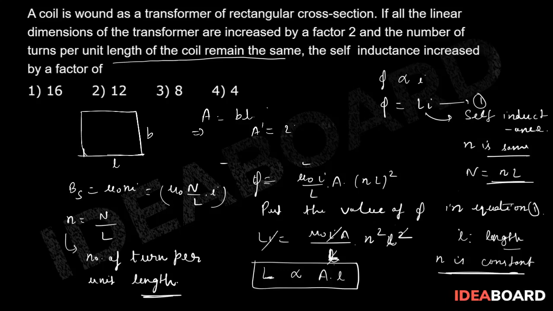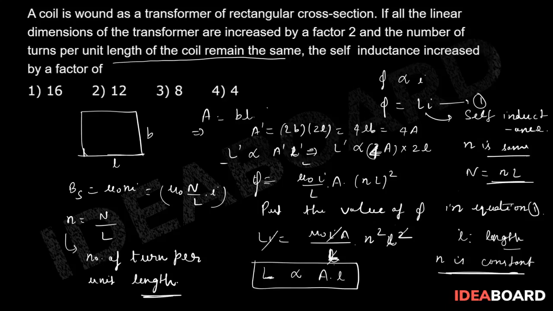So A dash will be 2b into 2l, and if you put, then you get L dash will be proportional to area dash into l dash, which is 4 into A, because this will become 4lb and lb is nothing else A. So 4 into A into 2 into l.